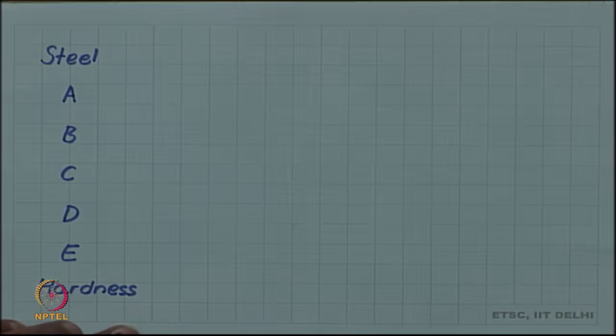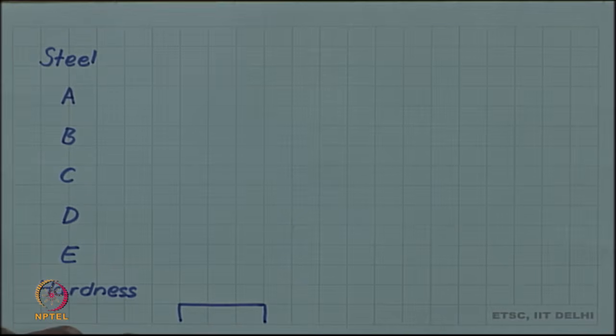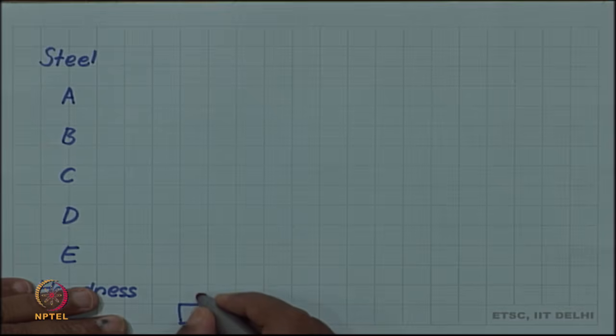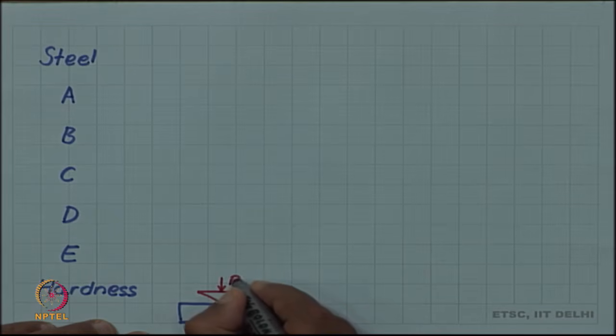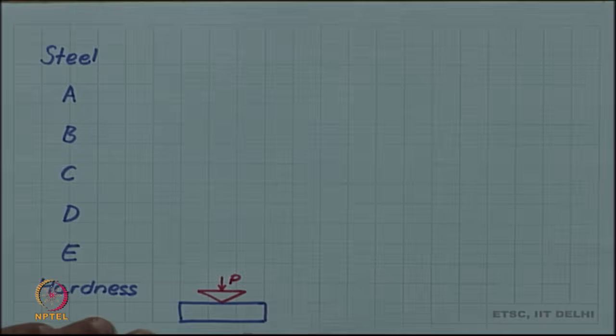And hardness is a simple test in which all you have to do is to prepare a nice flat surface of your specimen, and in that you then press some sort of hard indenter made of diamond or hardened steel, with some load.